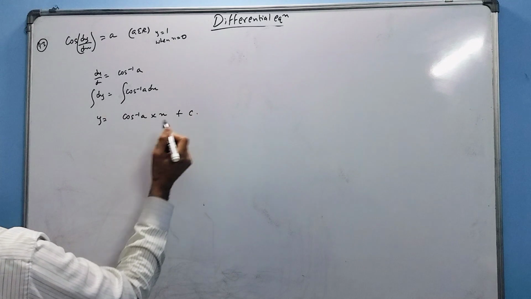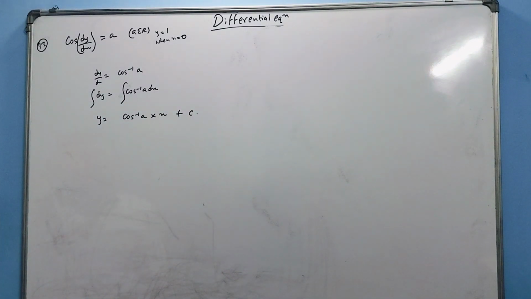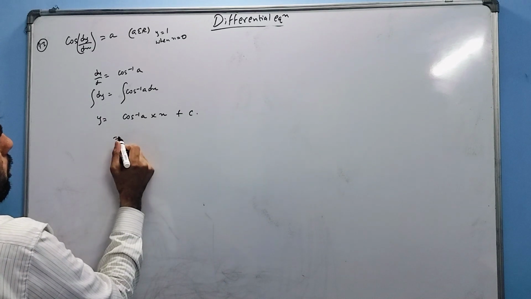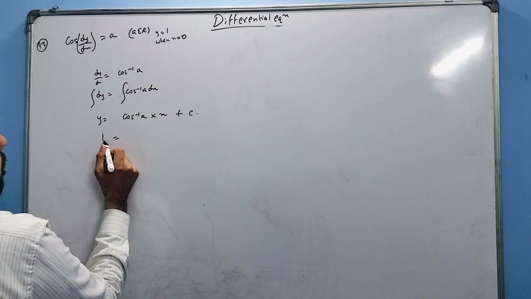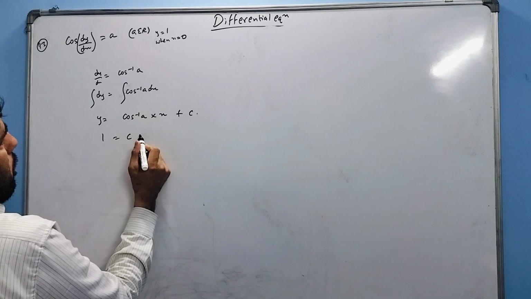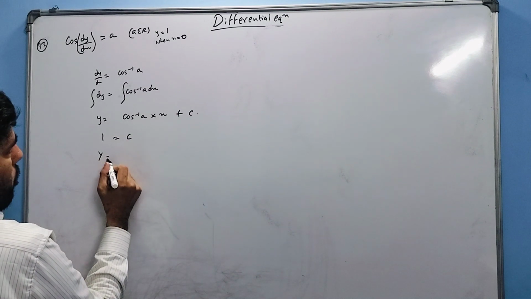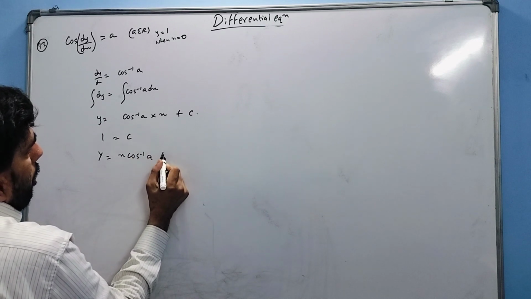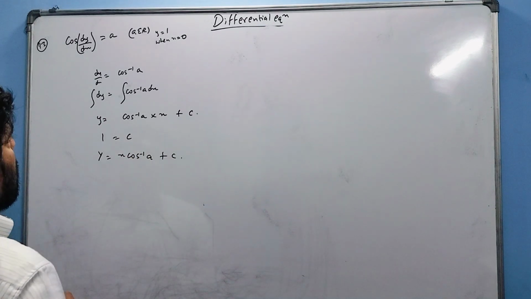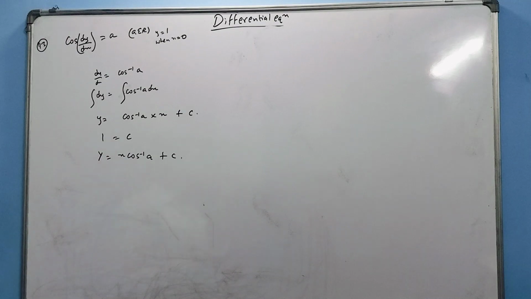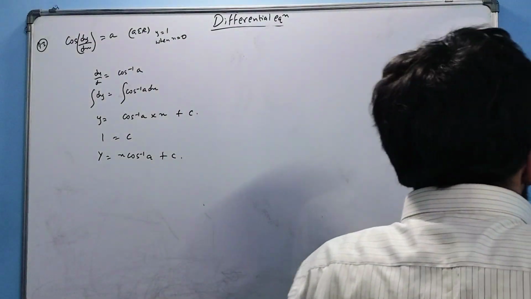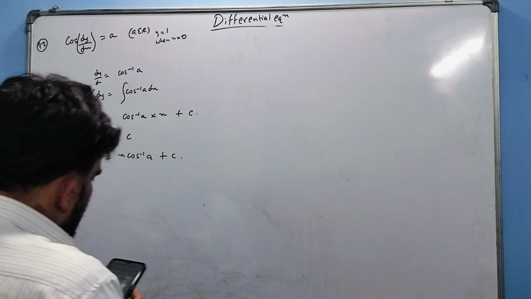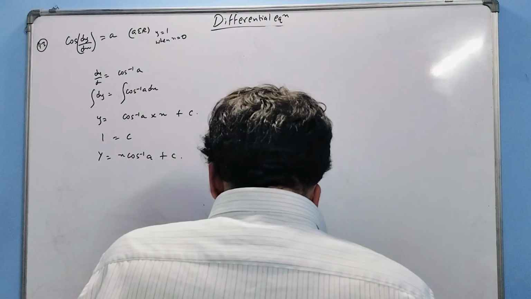If I put x is equal to 0, then 0 into this will be 0, and c becomes 1. So now we can put the value: y is equal to x cos inverse a plus c. That is how we are able to find the general solution for the given differential equation.